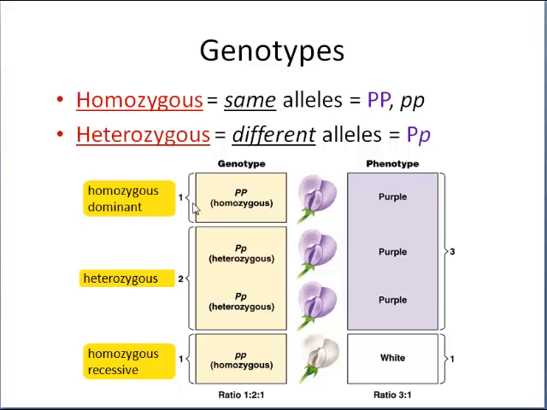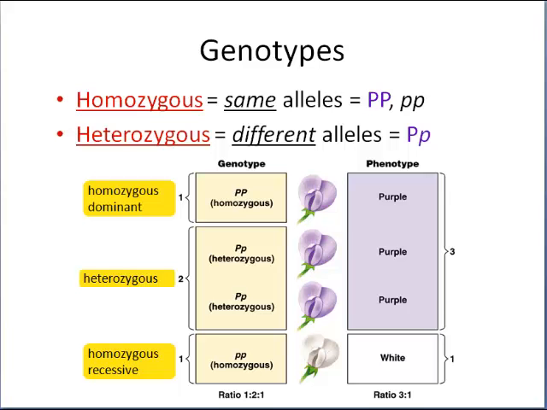So if I have, for example, 2 big P's, those would be considered homozygous dominant because they both have the same dominant gene, and if I had 2 flowers that had a big P and a little p, they would be classified as heterozygous because their alleles are different. And if I had 2 little p's, they would be classified as homozygous recessive because they have the same recessive allele.